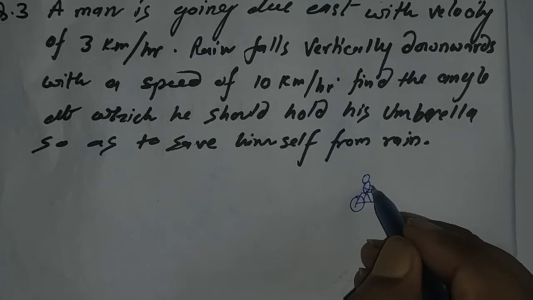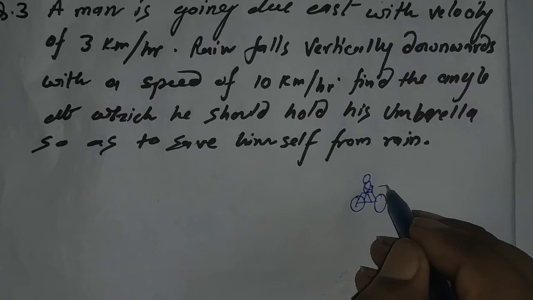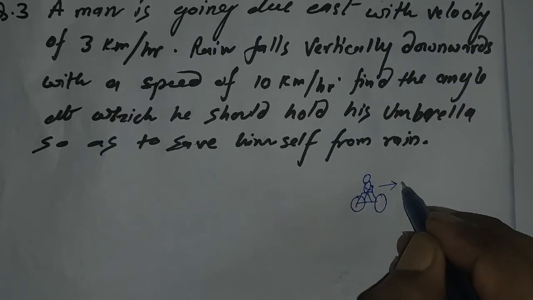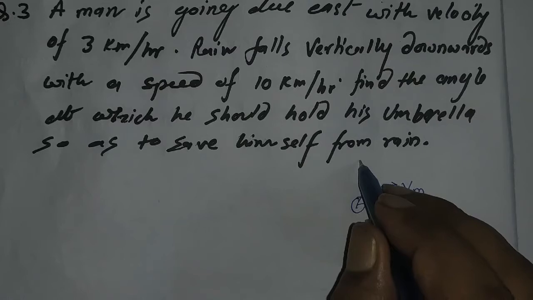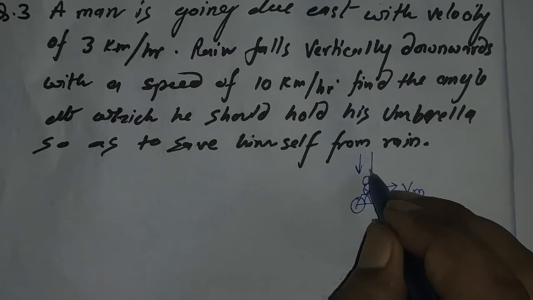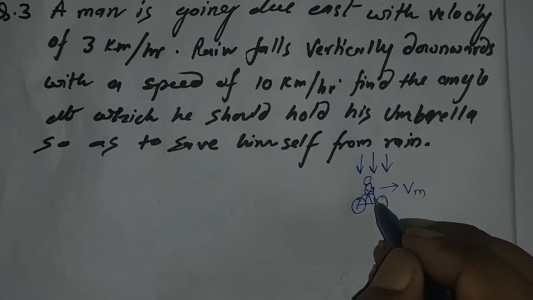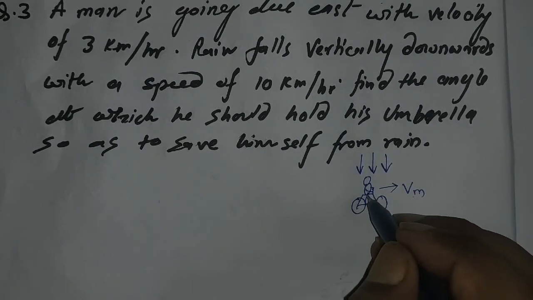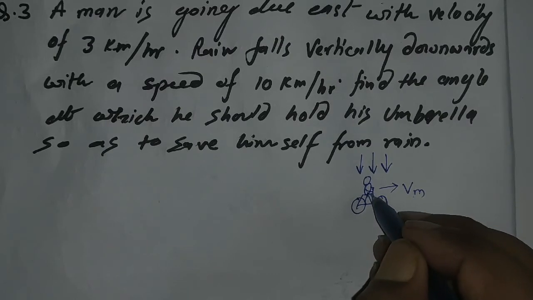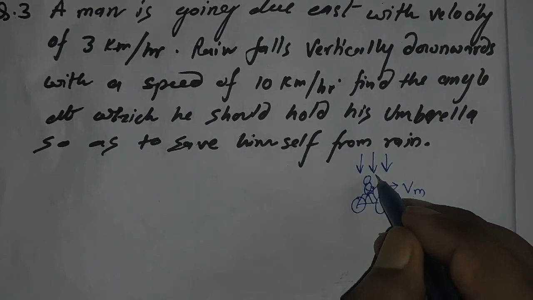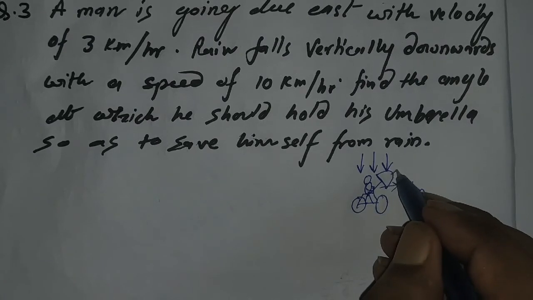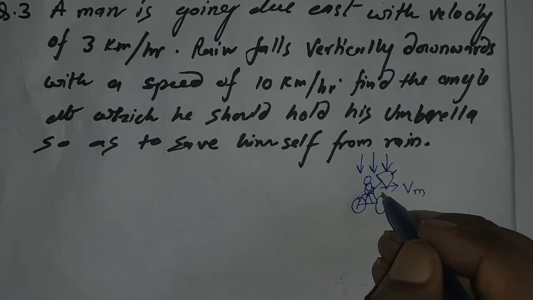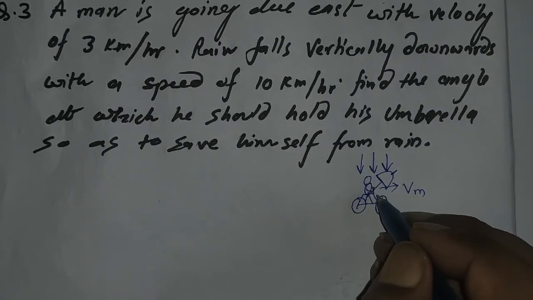Suppose this is the person who is riding the cycle and moving towards this direction with velocity Vm, velocity of man, and rain is falling vertically downwards. He will bend his umbrella towards this direction so as to save himself from rain, not vertically upward.